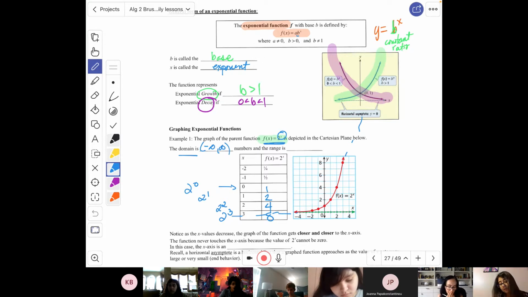Now, no matter how small I choose my x value, negative 5,000, negative 1 million, am I ever going to get an output of 0? So is this ever going to reach y equals 0? Do you think?